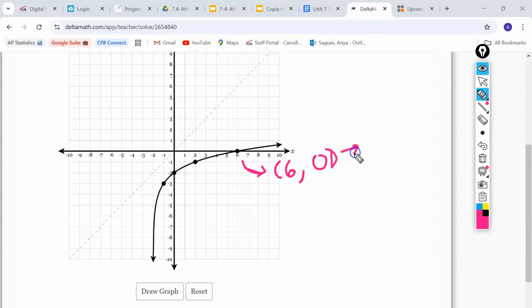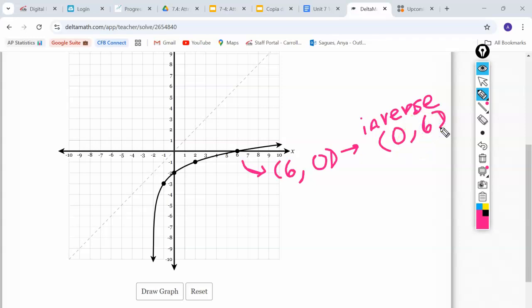If I'm trying to find the inverse, all I have to do is switch the order of these values. I am not going to make it positive or negative. I am simply going to switch the order. So instead of 6, 0, it is going to be 0, 6.